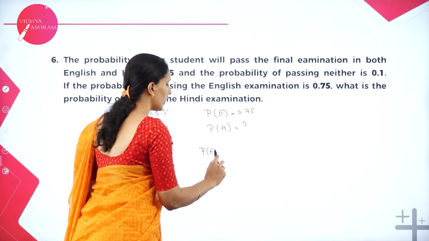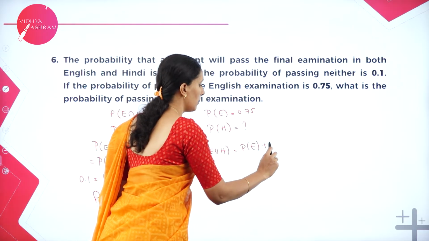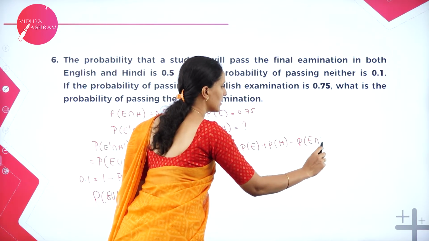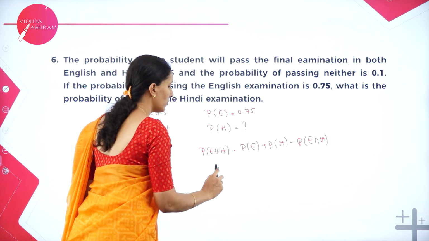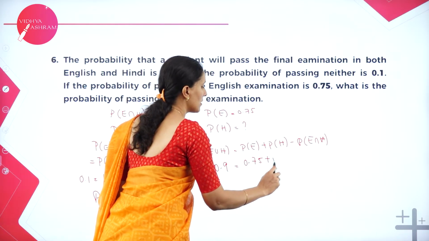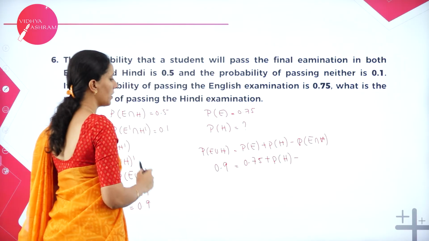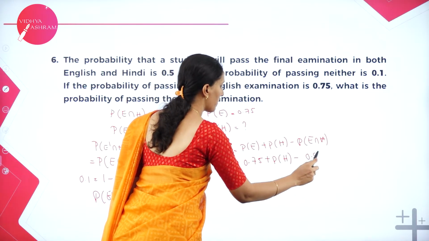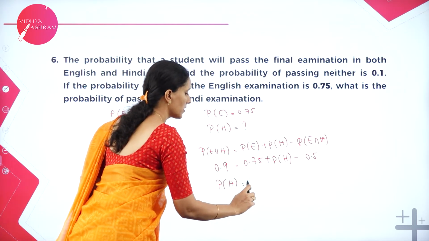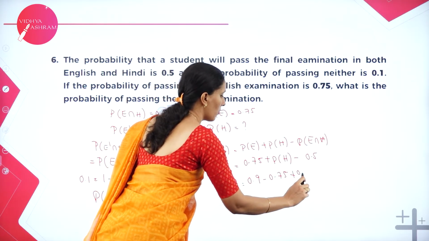Probability of E union H is equal to probability of E plus probability of H minus probability of E intersection H. I have the value 0.9, this is 0.75 plus probability of H minus E intersection H is given, that is 0.5. So I need probability of H. So this becomes 0.9 minus 0.75 plus 0.5.